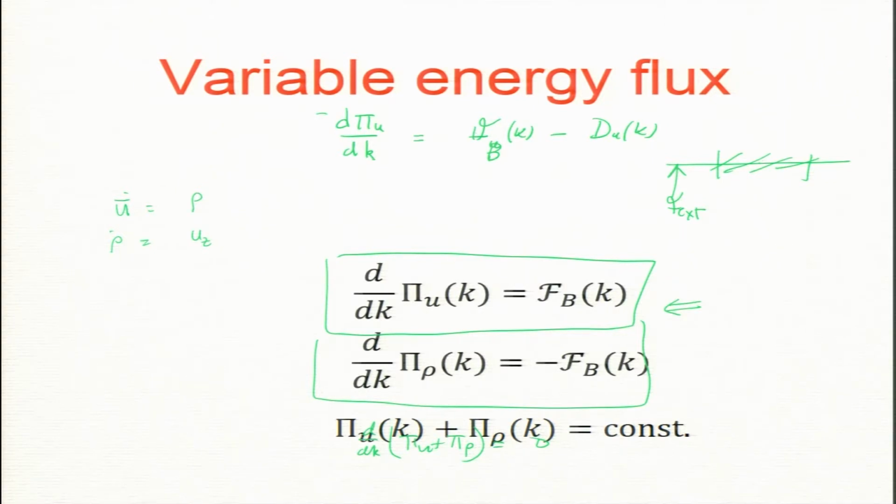So, both of them change with k. Because the buoyancy is active at all scales, it will change with k, but the sum must be constant. Now, how will they change? Can you make a guess? Fb is negative. I proved the sign, I hope you are convinced. So pi u should decrease with k naturally, and pi rho should increase with k, because Fb is negative.